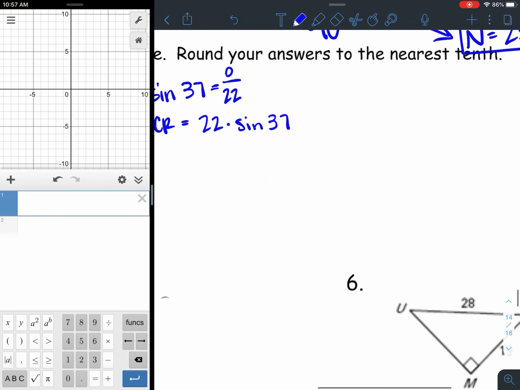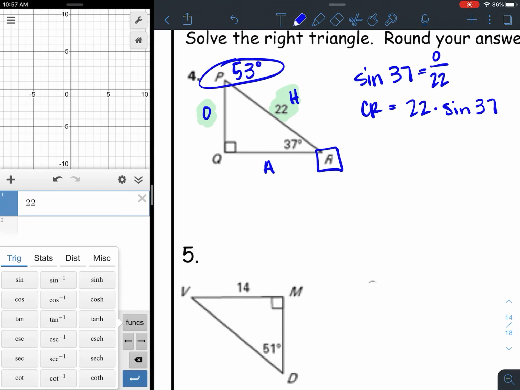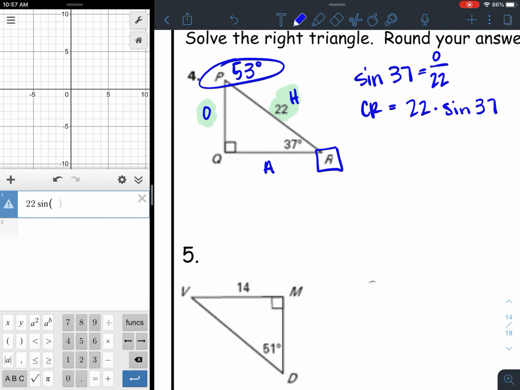It says round to the nearest tenth. So 22 times the sine of 37 gives me a measure for PQ of 13.2.